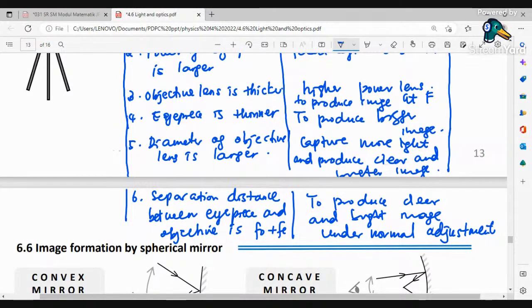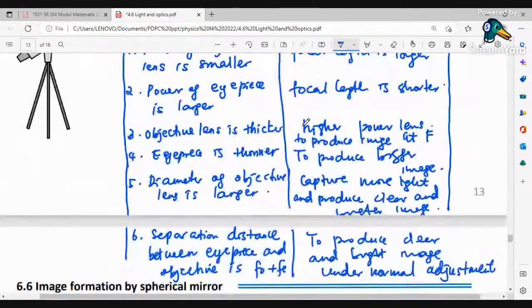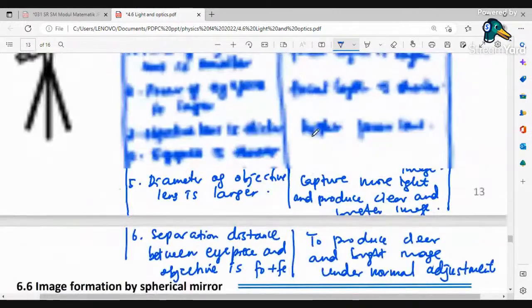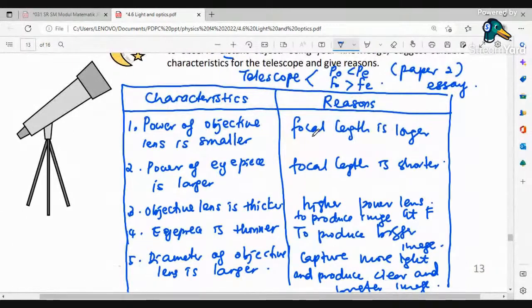Okay, so you all boleh buat dalam bentuk table. Okay, kalau aspect diberikan, you just follow the aspect lah. Okay, so I just write it like this. Okay, characteristic of image. You want to add in another one like image form is virtual. Okay, upright, magnified dan sebagainya, you boleh masukkan.